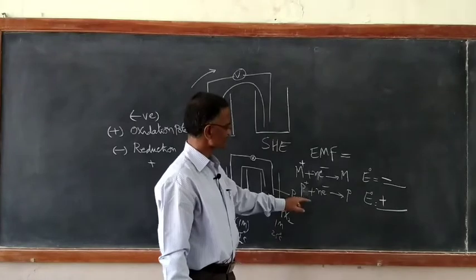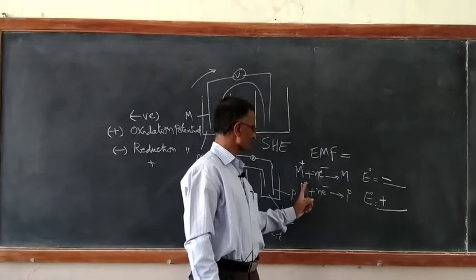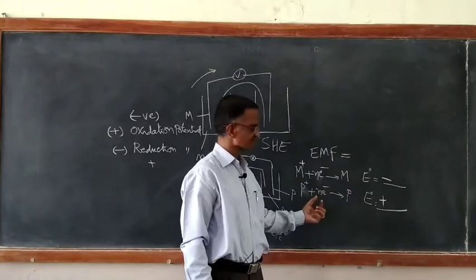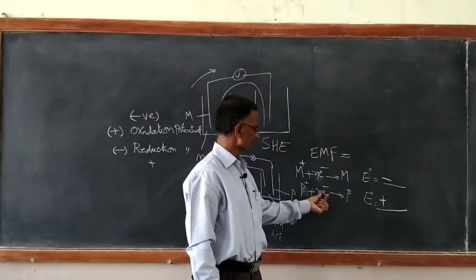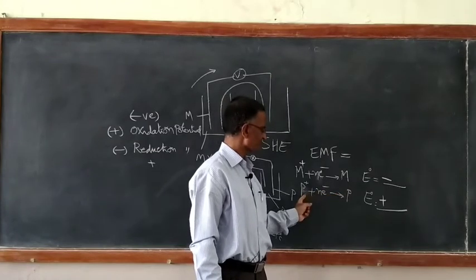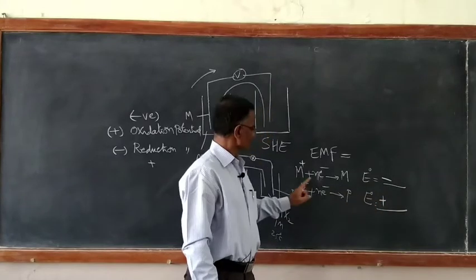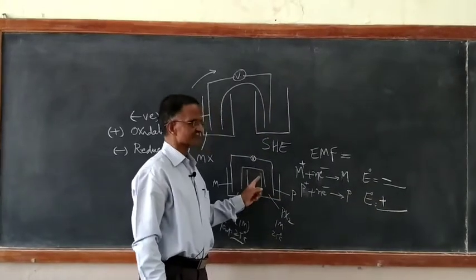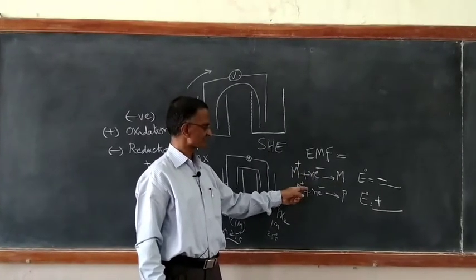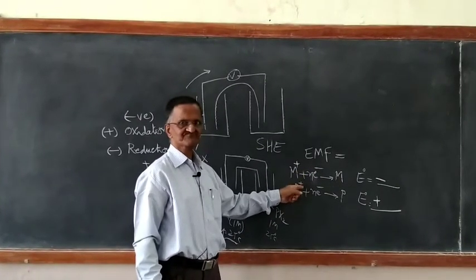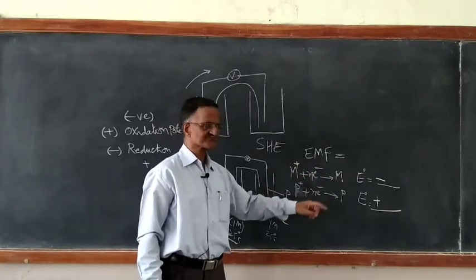If the electrode potential value is plus, that means my metal is not ready to undergo oxidation, reverse. That means my P^n+ ion is ready to accept electrons and become P. How? The value is positive. So for the two half cells, the values that are given are in terms of reduction potentials only. For this reduction process, electrode potentials.